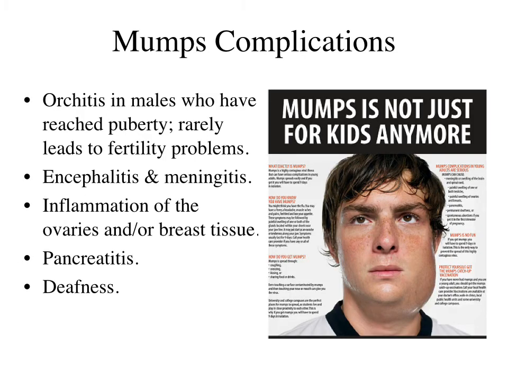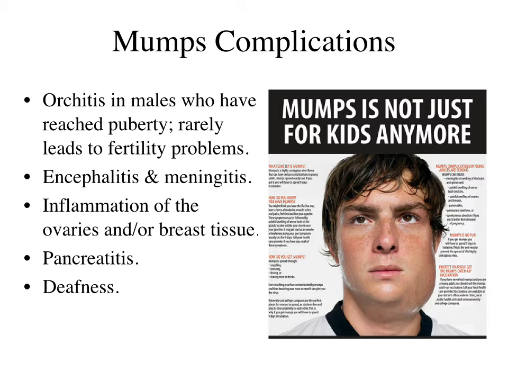In terms of complications, you can have orchitis, or swelling and infection of the testes, in males who have reached puberty. This is why mumps can occasionally be a major problem for adult males, because when an adult male has orchitis, it can lead to fertility problems.